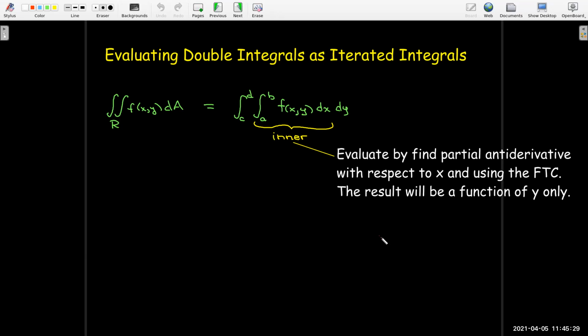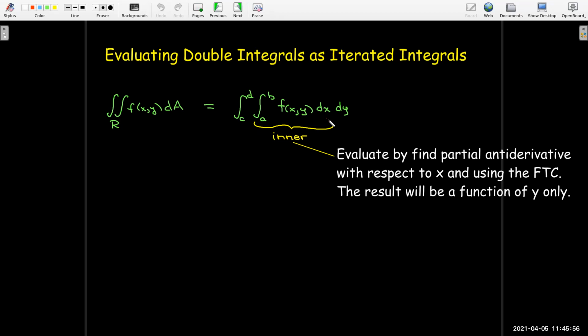We always work from the inside out. And here for the inner integral, we can see from the differential dx that we would need to take the partial antiderivative with respect to x. So we would treat y as if it were a constant and take the antiderivative with respect to x.